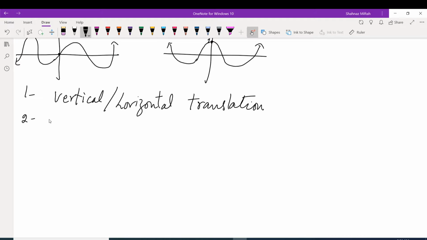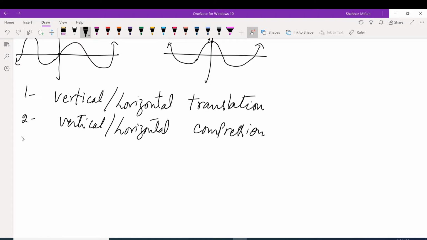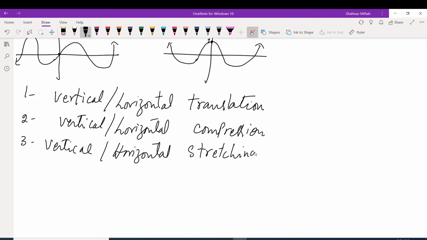We will talk about vertical and horizontal compression. We will talk about vertical and horizontal stretching. And every one of them has a rule. If you memorize the rule, write it down somewhere on the paper, then you will be good.